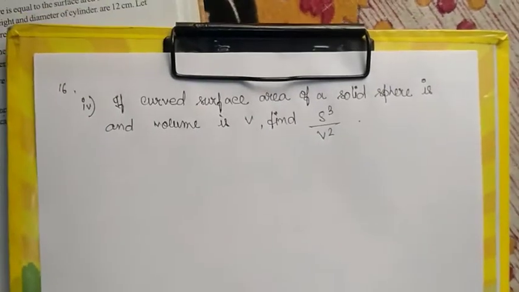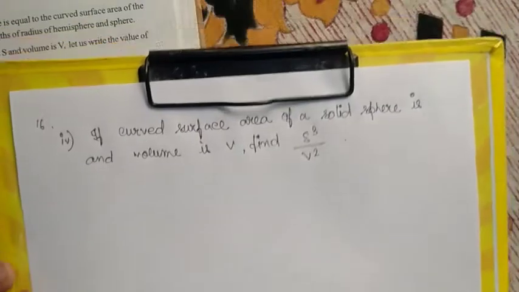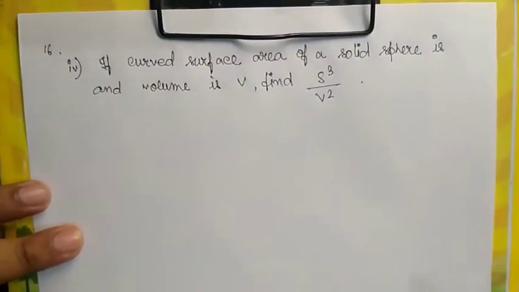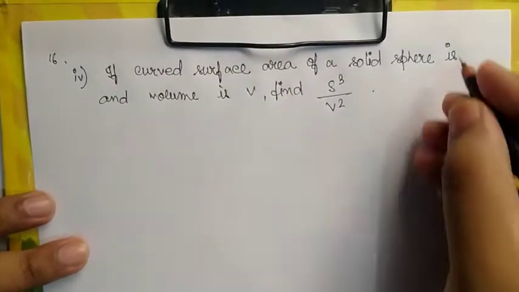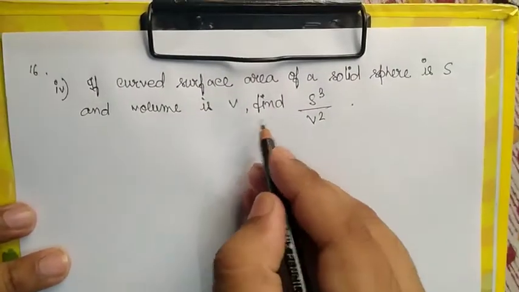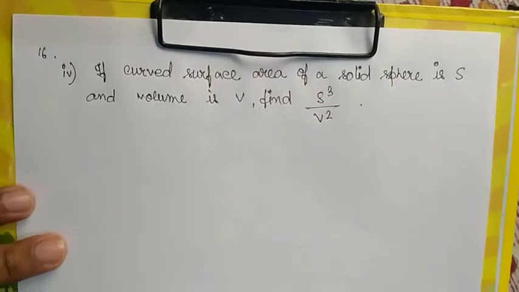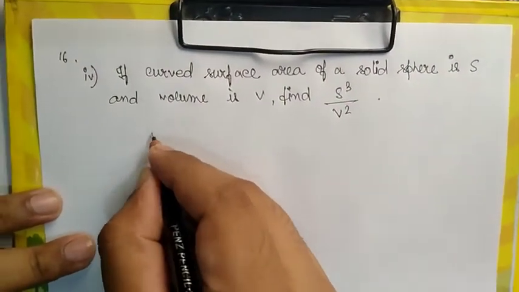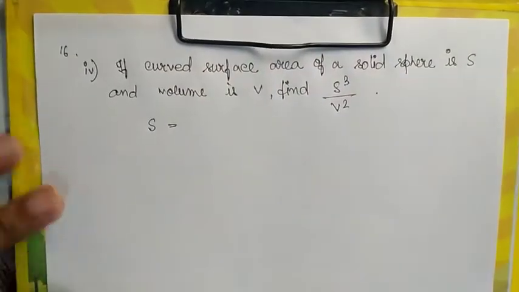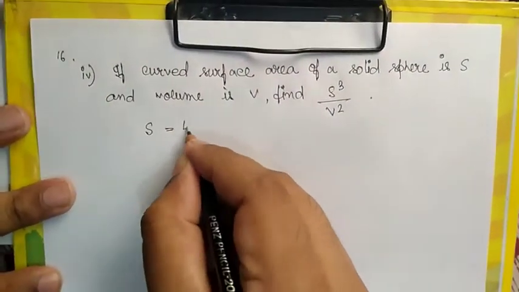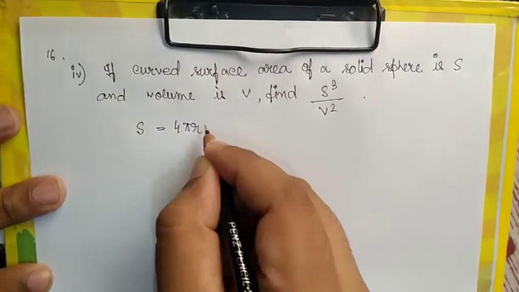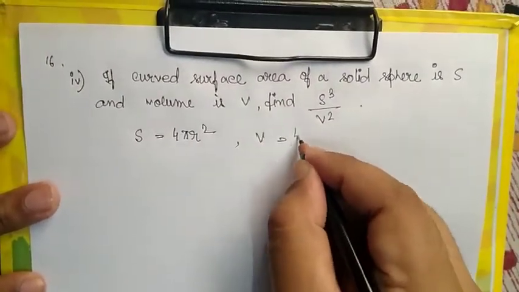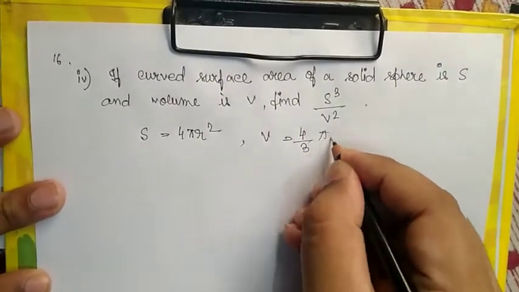This is sum number 16 part 4. If curved surface area of a solid sphere is S and volume is V, find S cube by V square. Now curved surface area of a solid sphere is S. So S, the curved surface area, means 4 pi r square, and volume V means 4 by 3 pi r cube.